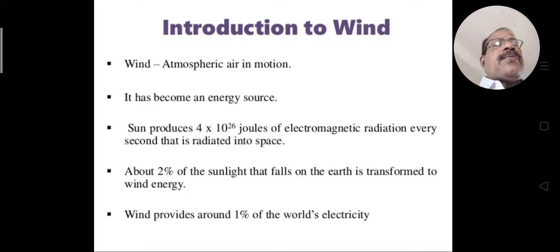That is the main cause of wind energy: sunlight. Using this wind energy, we provide around 1% of the electricity globally.